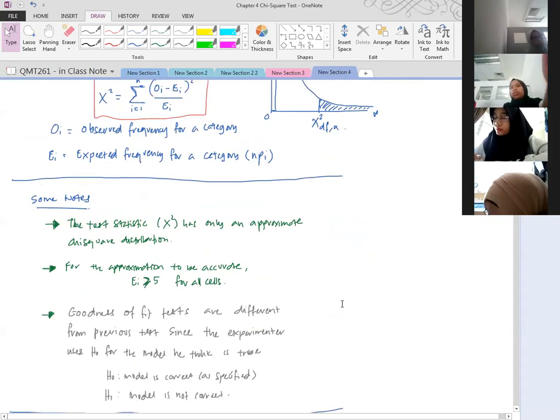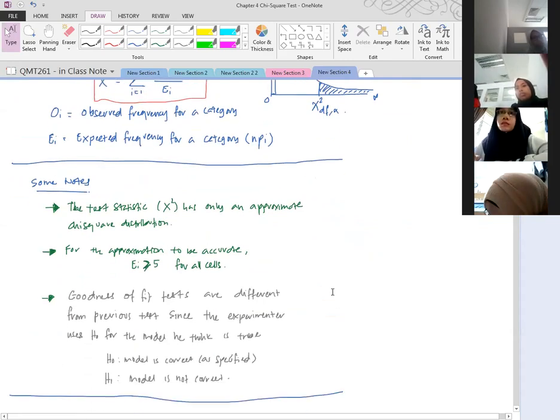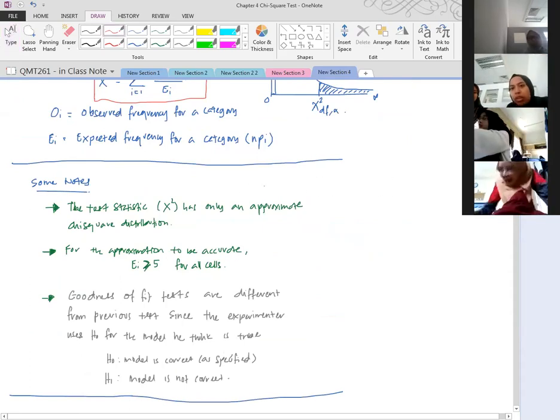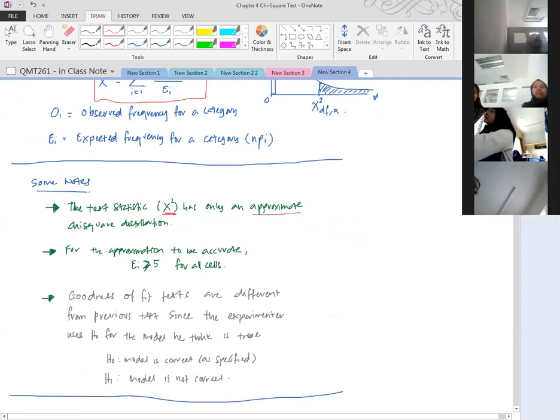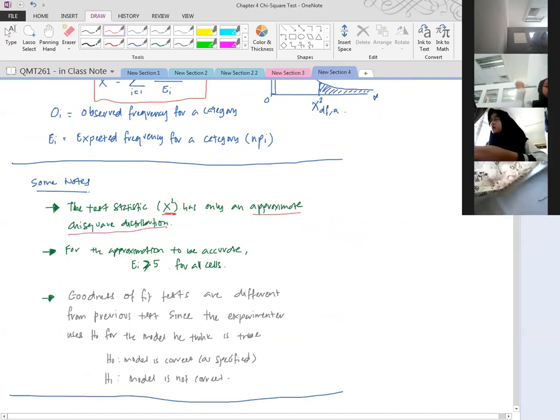Some notes you need to know: the test statistic chi-squared only approximates the chi-squared distribution. If you want the approximation to be accurate, then the expected frequency should be more than or equal to 5 for all cells.